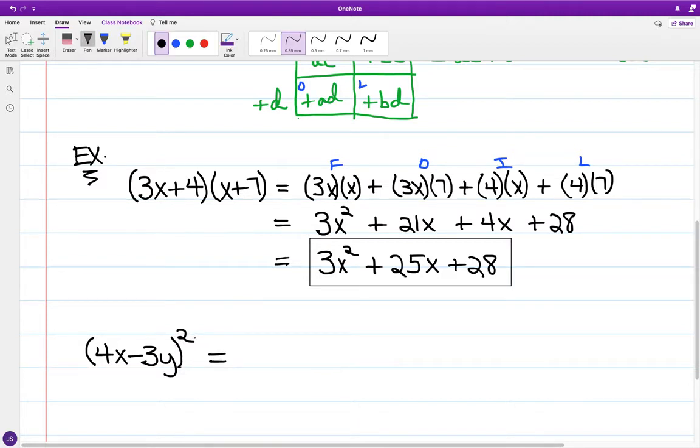That 2 does not mean 4x minus 3y multiplied by 2. If you write solely in terms of multiplication, that 2 is the number of times 4x minus 3y is going to appear. Had this been to the third power, this would be 4x minus 3y times itself times itself.